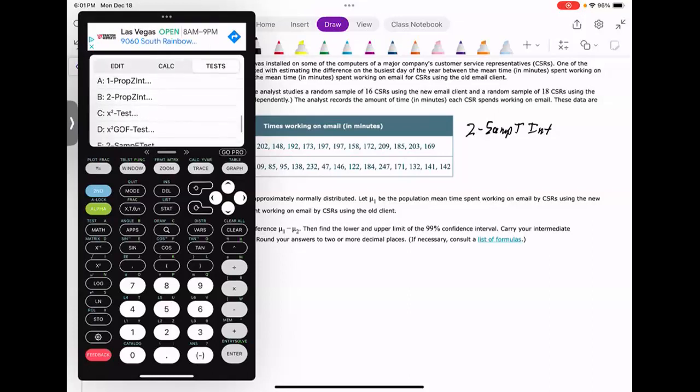And we want 2-sample t interval. There it is. And this is going to be list 5 and list 6. And our level is at 99%. We are not pooling.